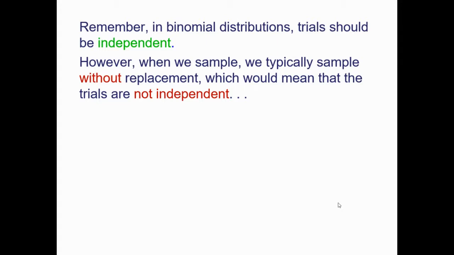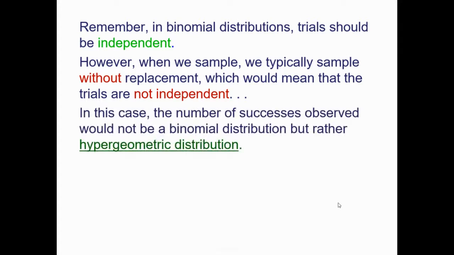If we think of our births example, the mother can't go in there, have a girl, and then say, nope, put it back. We don't want to count her. She can't exactly do that. So they would not be independent. In this case, the number of successes observed wouldn't be binomial, but rather something called the hypergeometric distribution.